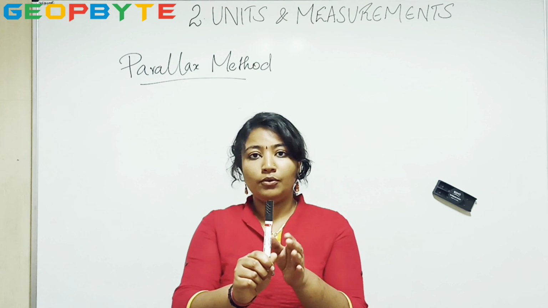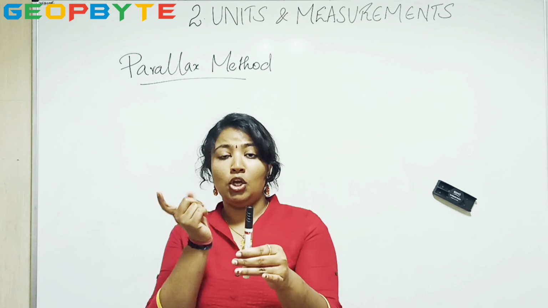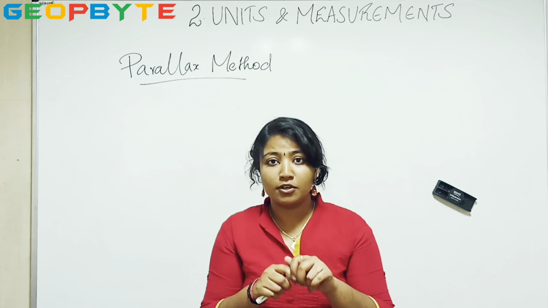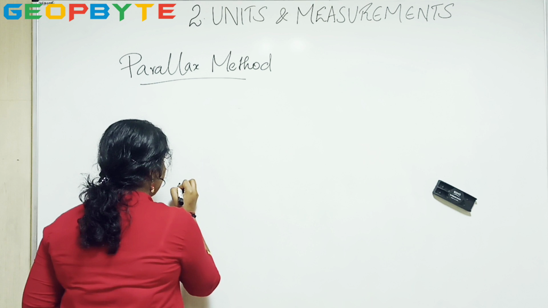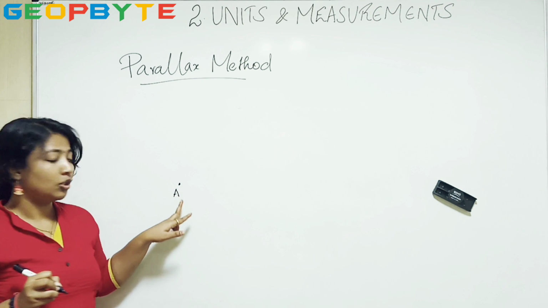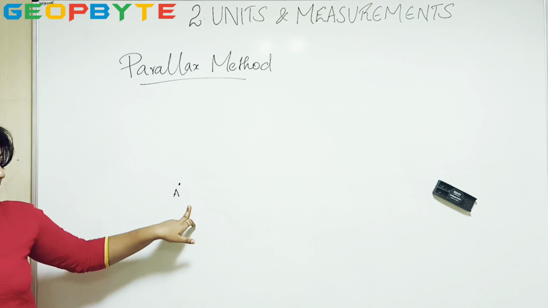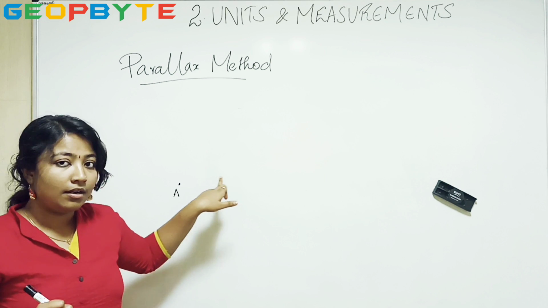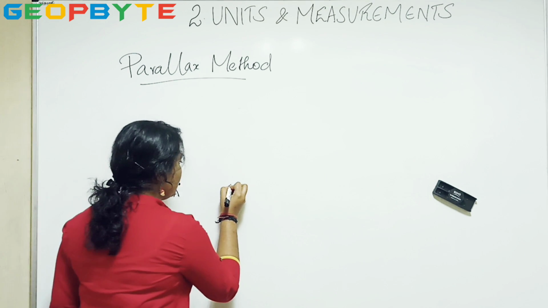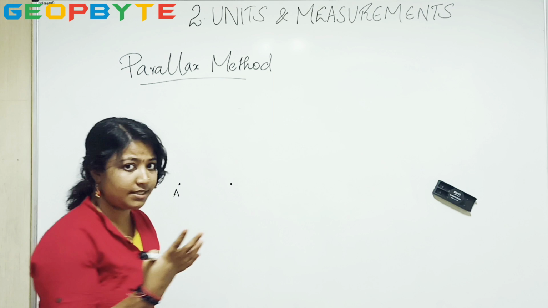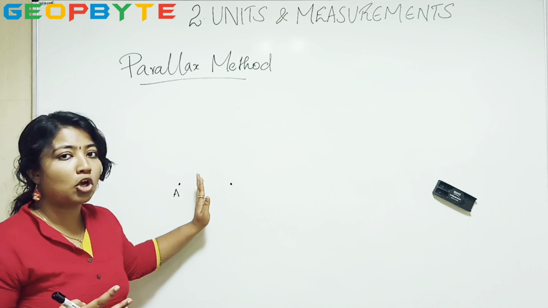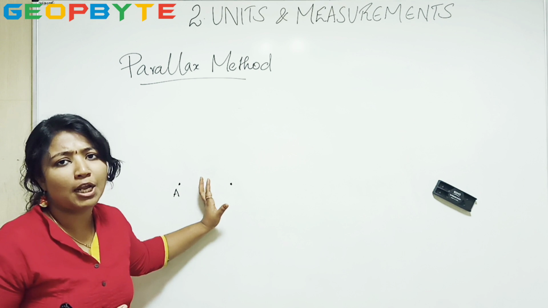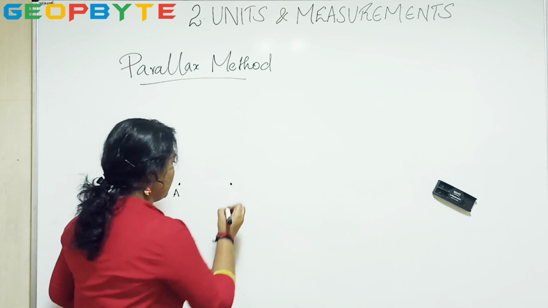Now close the other eye, and you can see the shift of the point. That is, first you may have seen your point here, but when you close your other eye, you may see it somewhat away. I mean, not in the same place, but some kind of shift you may observe.